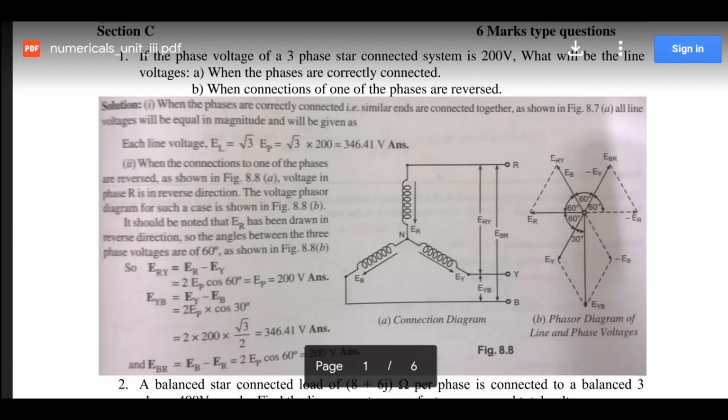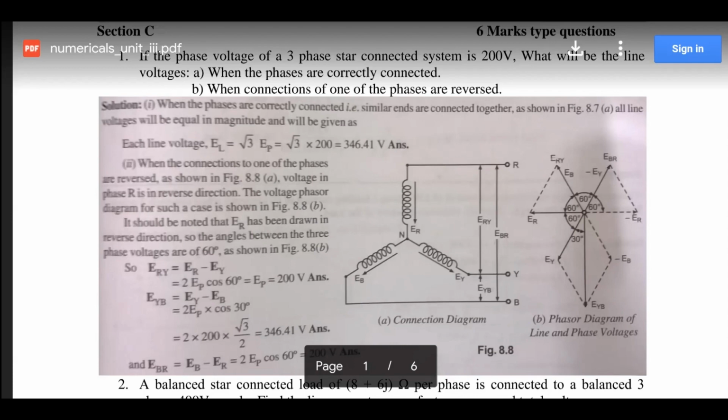Now its second part is to calculate the line voltage when one of the phases is reversed. Let us suppose that R phase is reversed, so ER now becomes minus ER, and minus ER becomes ER.